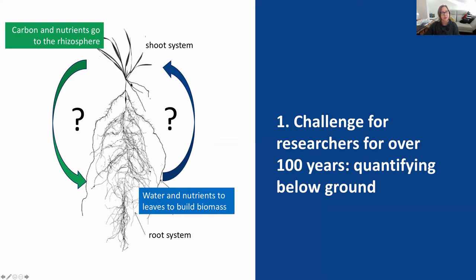This is the shoot. This is its root system, been washed from soil. And I'm just illustrating with these arrows and these question marks to indicate that the carbon and nutrients that go down to the rhizosphere are quite poorly estimated.